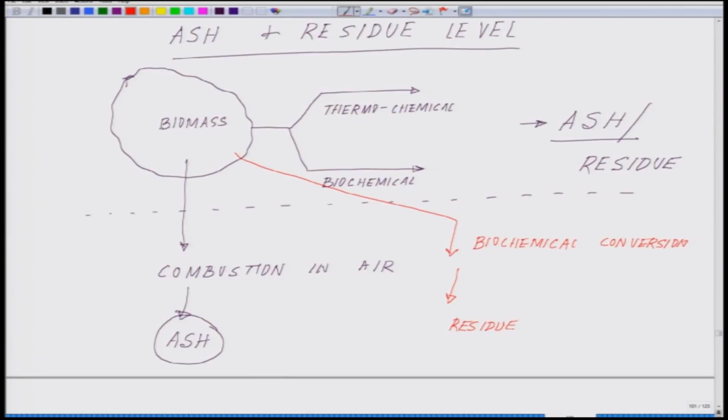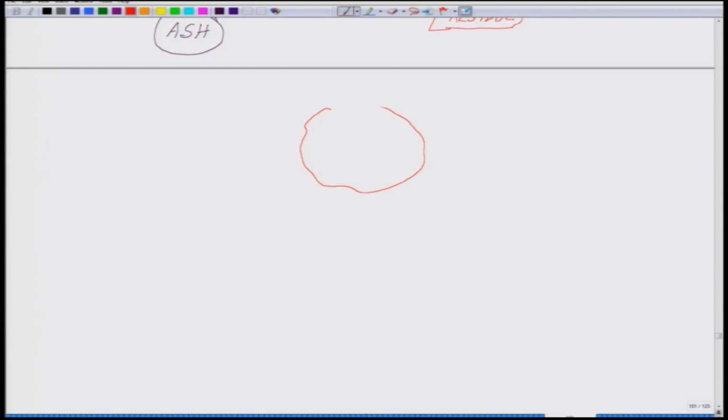Generally, for the same material, if you follow one route to convert it into ash, the thermochemical route, TC, and another route to convert it into residue, the biochemical route, you will always see that during biochemical conversion the percentage of solid residue will be greater than the ash content.